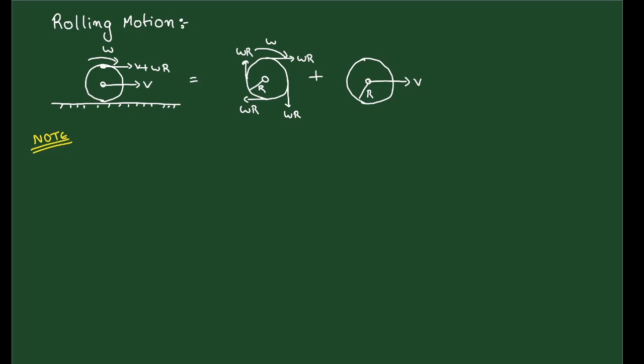That means without friction, no amount of rolling can take place. Without friction force, there cannot be any type of rolling.